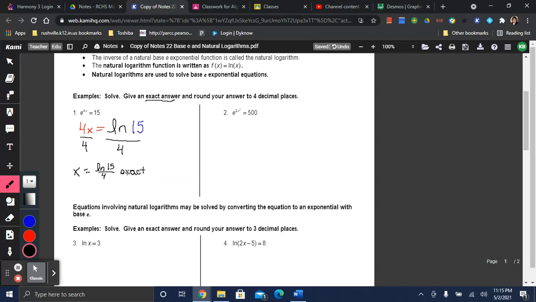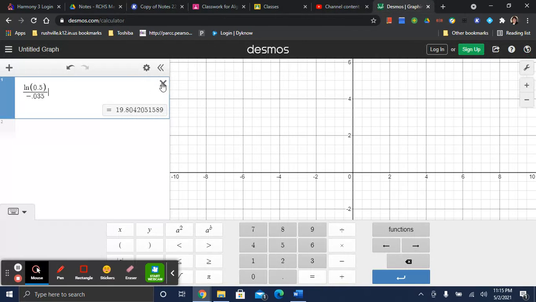In other words, we have not gone to the calculator yet to figure out what the decimal is. And then the decimal answer will be rounded to 4 decimal places. So we'll do that next, going to Desmos and calculating the natural log of 15 divided by 4.